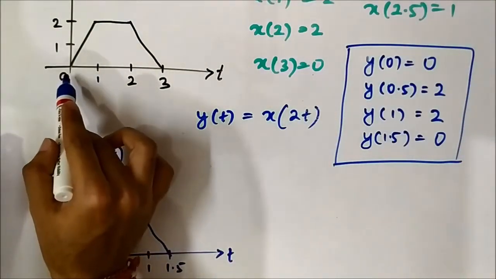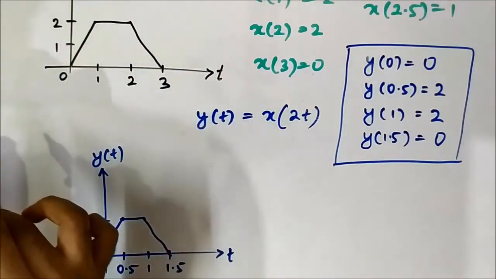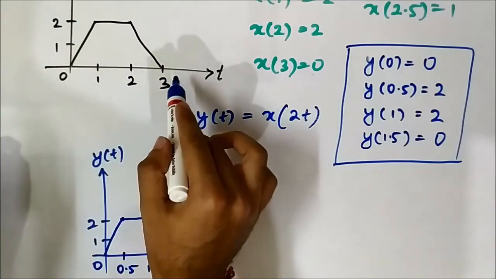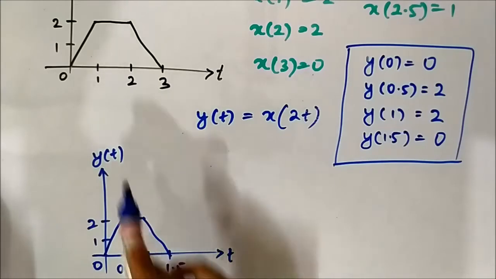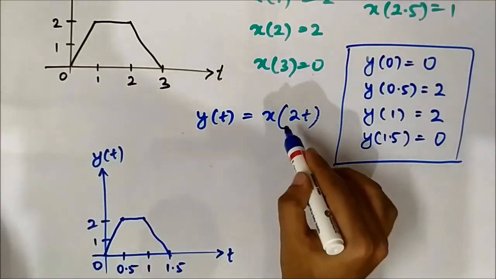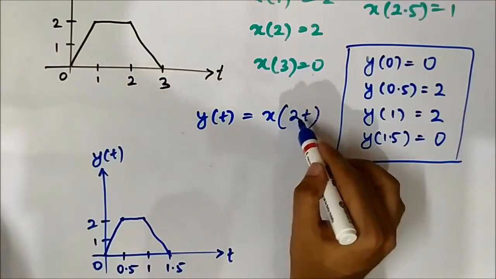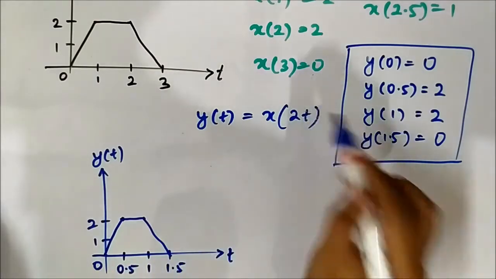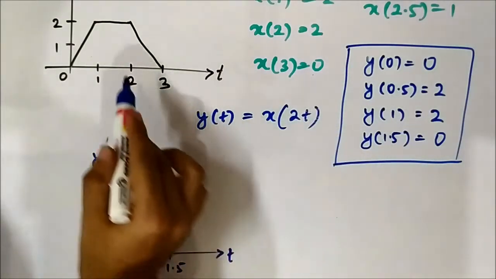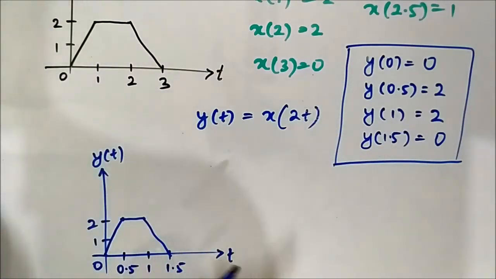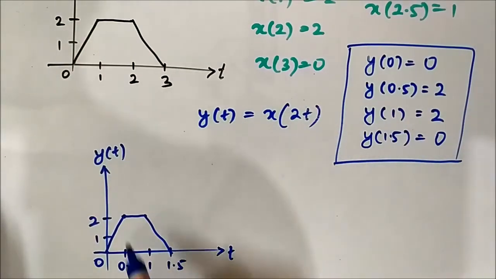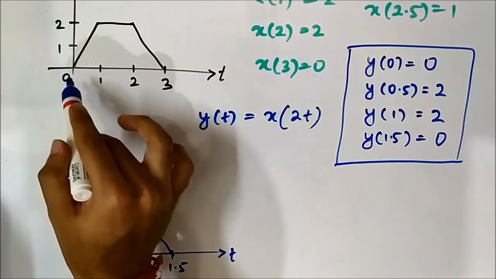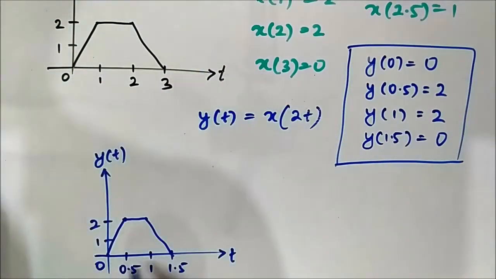Here the signal existed from t equals 0 to t equals 3, but here it is half of that because of this factor 2 multiplied with t. This has decreased the time width of the signal. Here the original signal was from 0 to 3, but here it is half of that, 0 to 1.5.